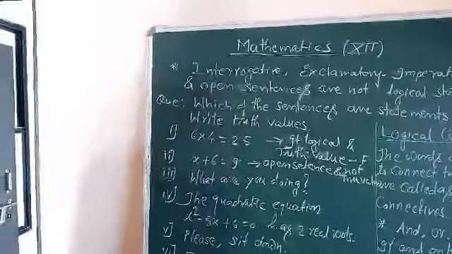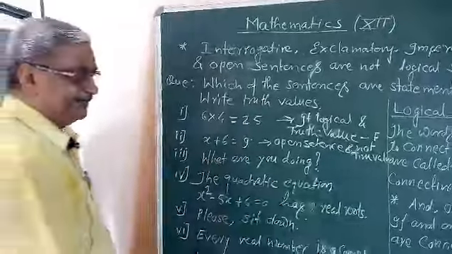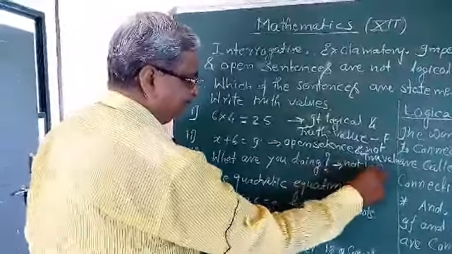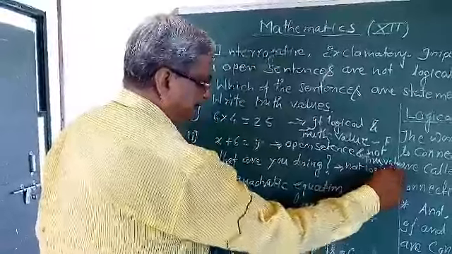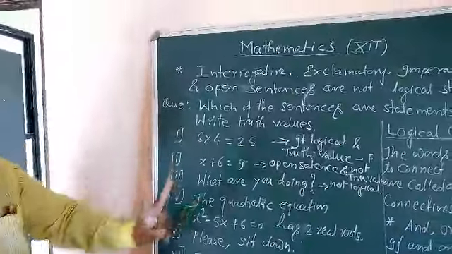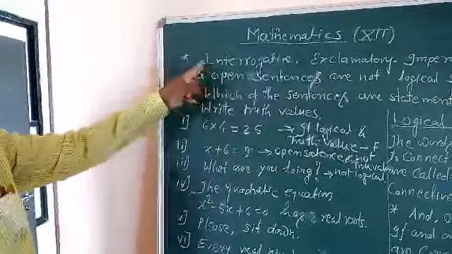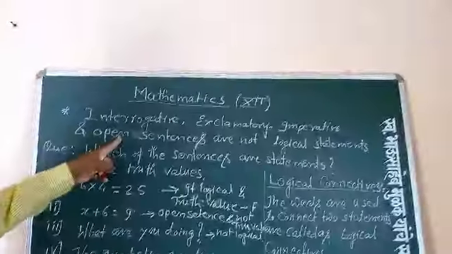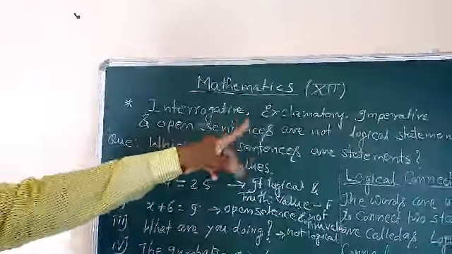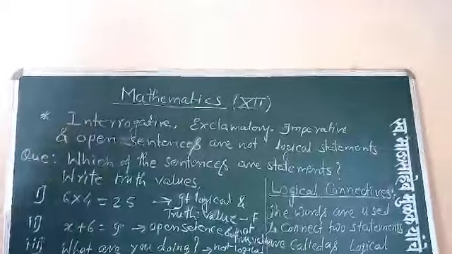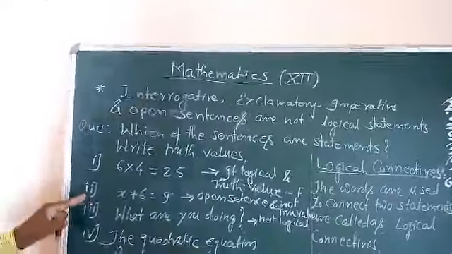It is not a logical statement, so it is not logical, and there is no question of a truth value being assigned to it. This is to be remembered, as we have given above: interrogative, exclamatory, imperative and open sentences are not logical statements, and therefore they have no truth values.